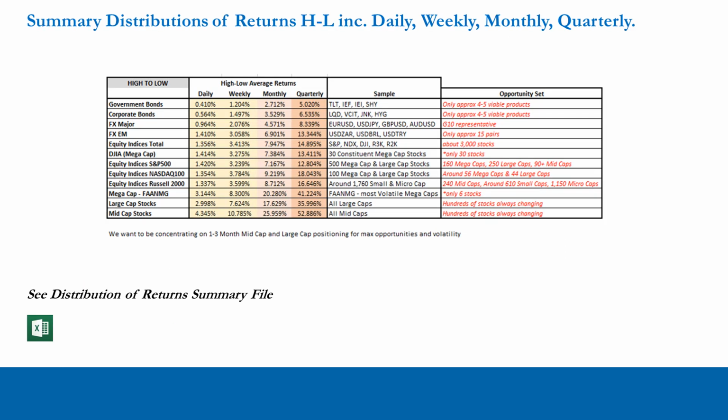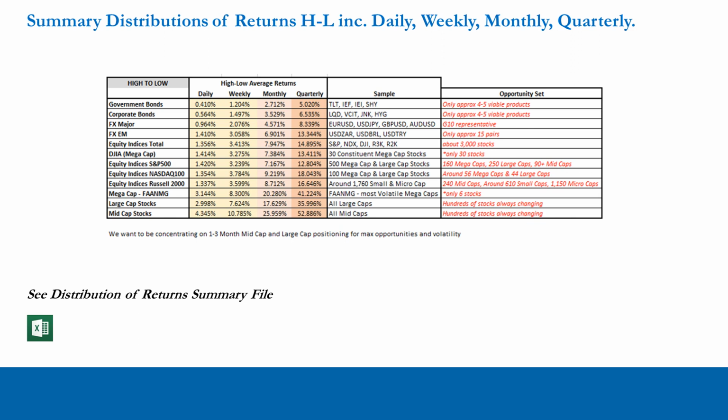And then we started looking at high-low returns instead of open and close on a daily, weekly, monthly, and quarterly basis. But we did it over a number of different assets in the market. And what did we find? Well, we extended our time horizon from daily to weekly, monthly, and quarterly. And what we started to find was that there's genuine opportunities on a consistent basis within the 1 to 3 month time horizon.